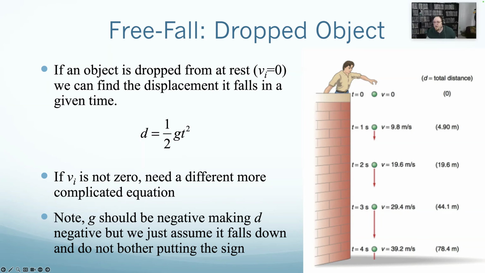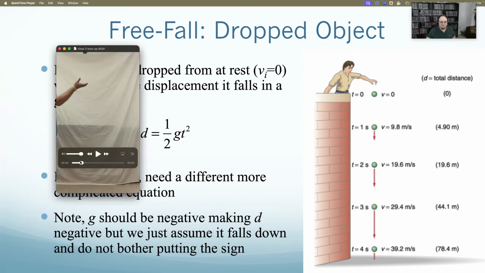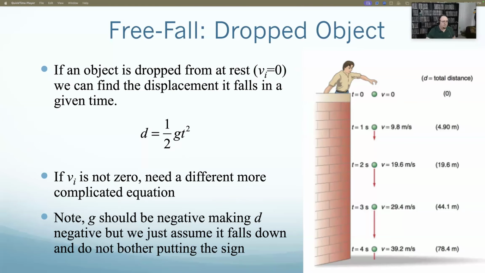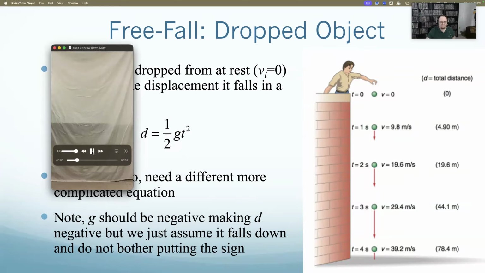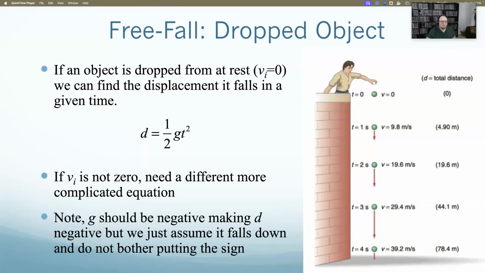Note, this is not if I throw something upwards like this. It is not if I throw something downwards like this. This is just if you drop it from rest.